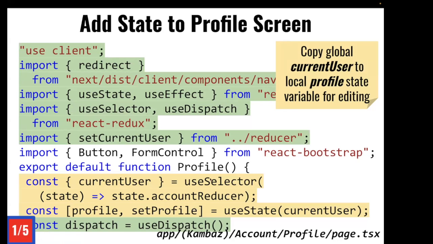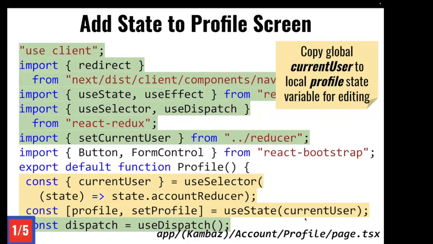So here's a nice little set here that integrates both global state and local state. For local state, we're going to have a local profile state variable that we want to be able to edit. We want to edit our first name, last name, email, phone, address, things like that, our profile information.